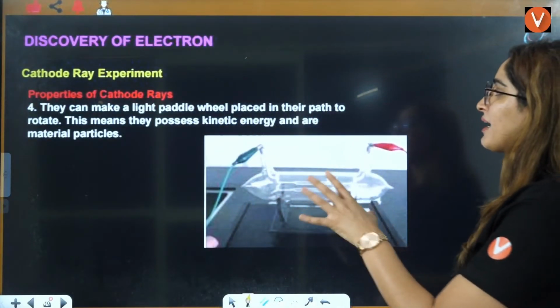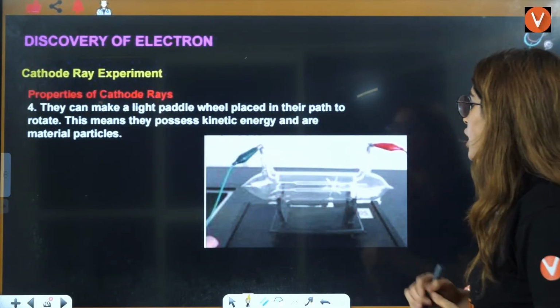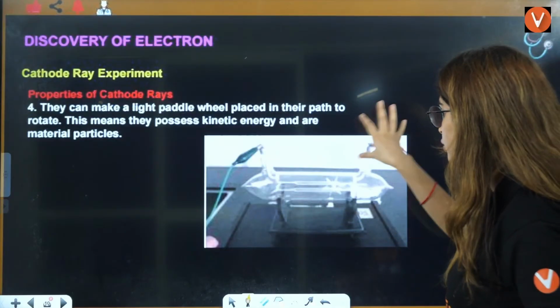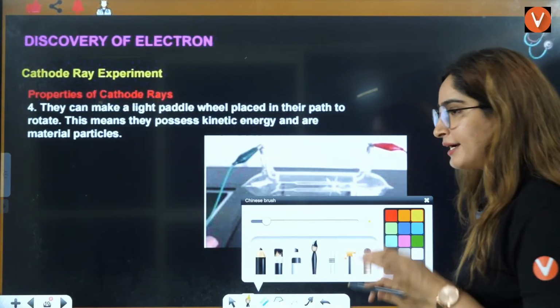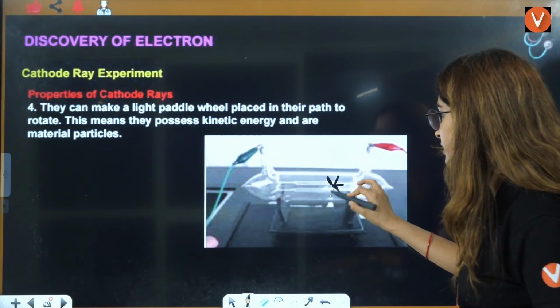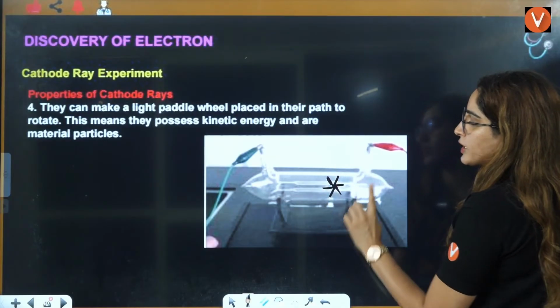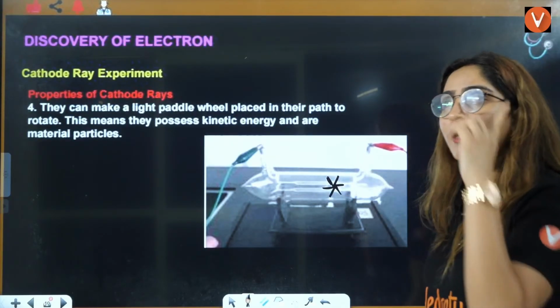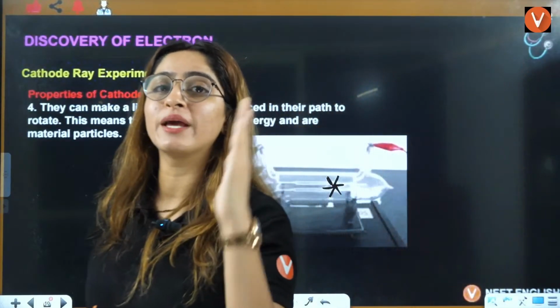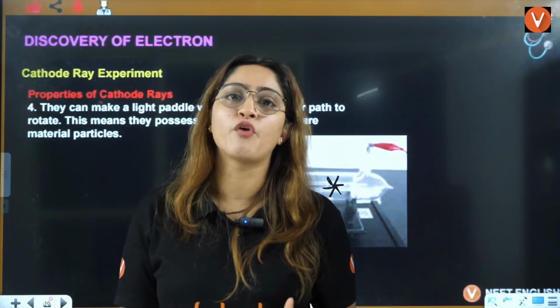Then they can make a light paddle wheel placed in their path rotate, right? So, if you have, let's say, cathode, this is anode, and let me see if you're able to see this or not. This is the wheel that you have, and this wheel will start rotating, right? To make anything rotate, to make anything go in motion, you need kinetic energy for that.